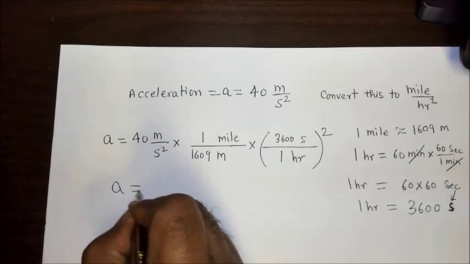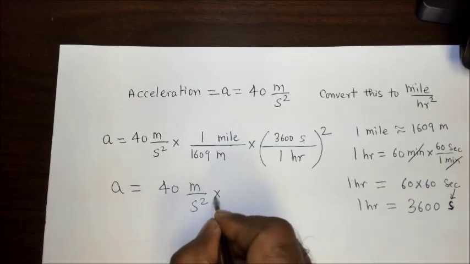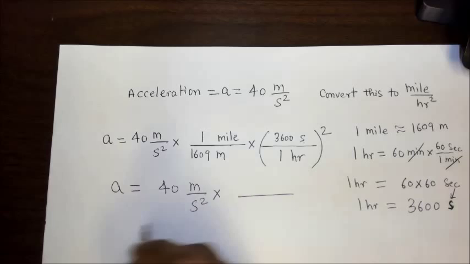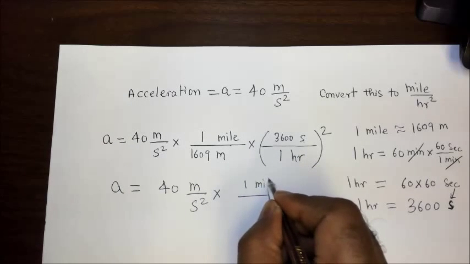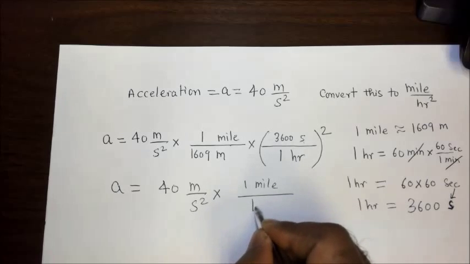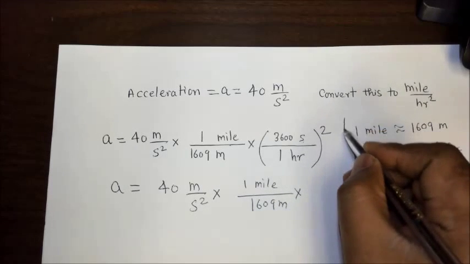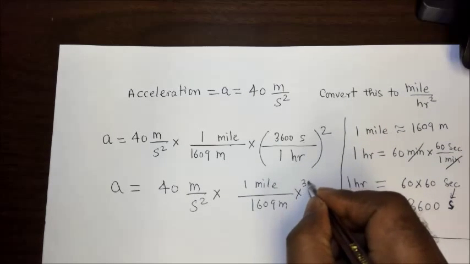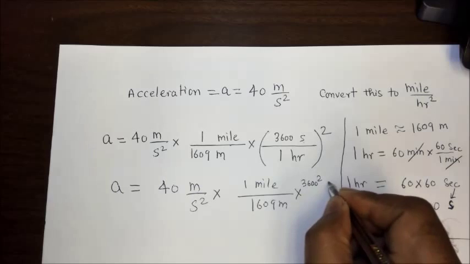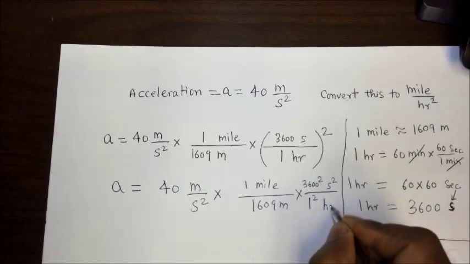So A becomes 40 meter per second square times 1 mile over 1609 meter times 3600 square second square over 1 square hour square.